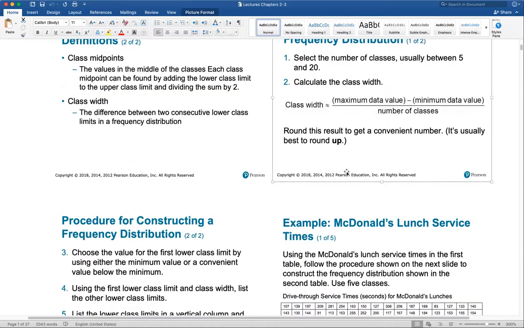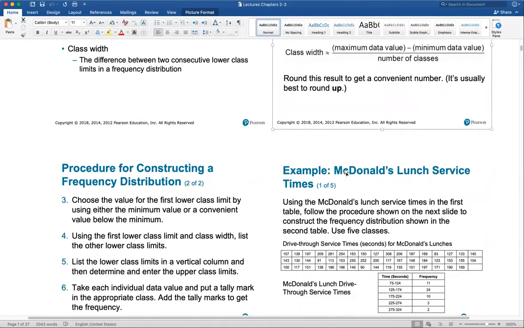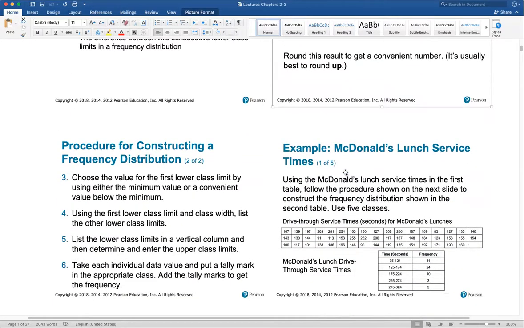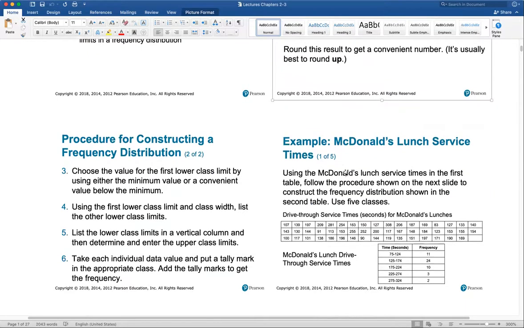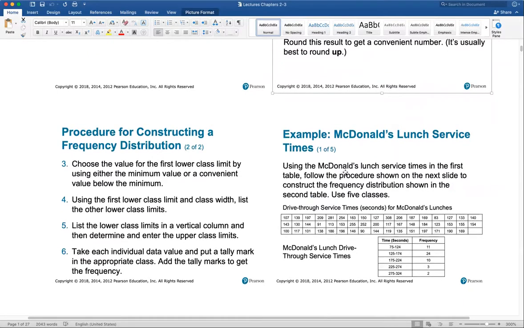I know it's hard to understand this step, so let's see an example. Let me explain how to make a frequency distribution from this example, using McDonald's lunch service times in the first table.